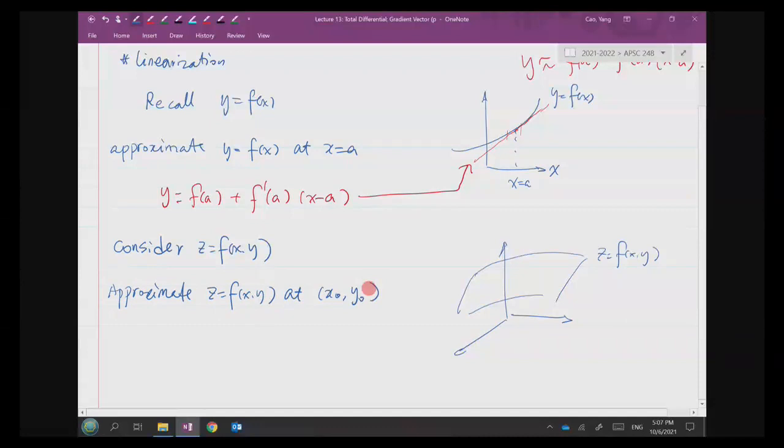Can we find a similar approach to approximate this function at this point? So where is this point? This is x naught, y naught, and that's the corresponding value on the surface, your z naught. So this point here has coordinates x naught, y naught, and f of x naught, y naught. That's the coordinates for this point on the surface.